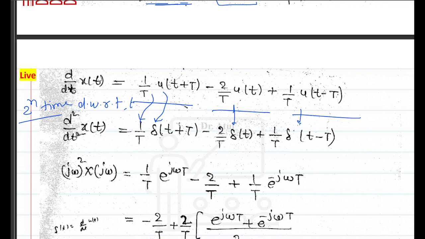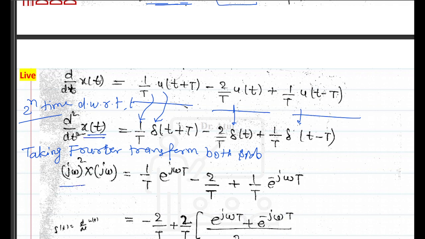Now taking the Fourier transform on both sides, this will be (j omega) whole square times X of j omega, because for one differentiation j omega is multiplied, and for second order, (j omega) square is multiplied.